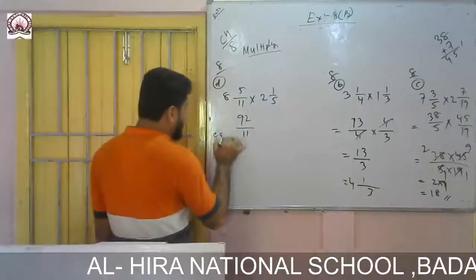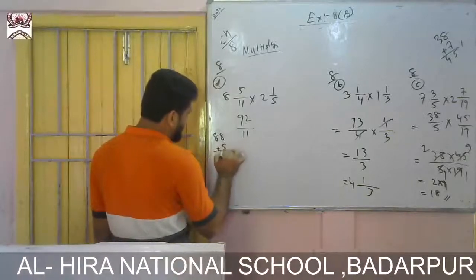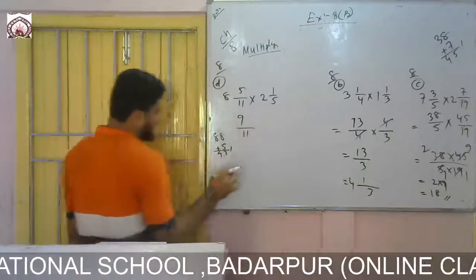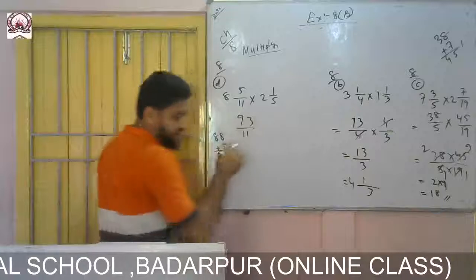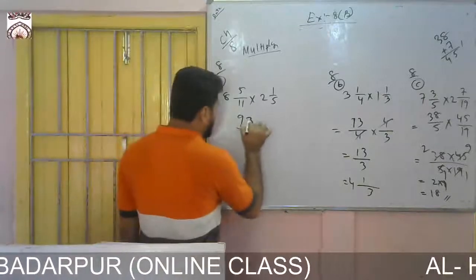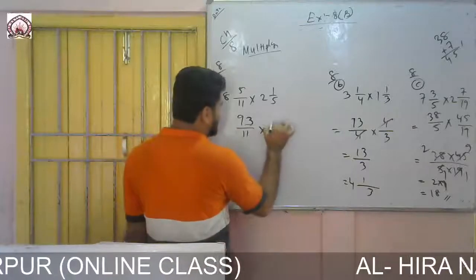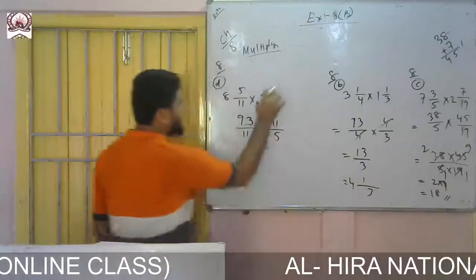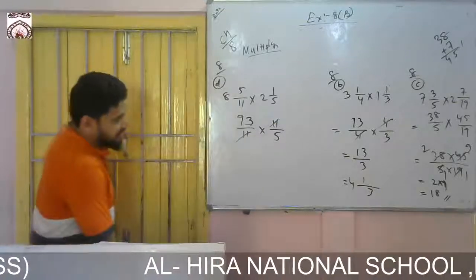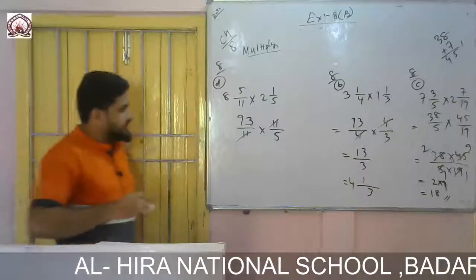Okay. 88 plus 5, 93. That is what? 93. Okay. So what? 93 by 11 into 11 by 5. How? 5 2 are 10 and 1 11. So 11 get cancelled. Okay. Now what? 93 by 5.